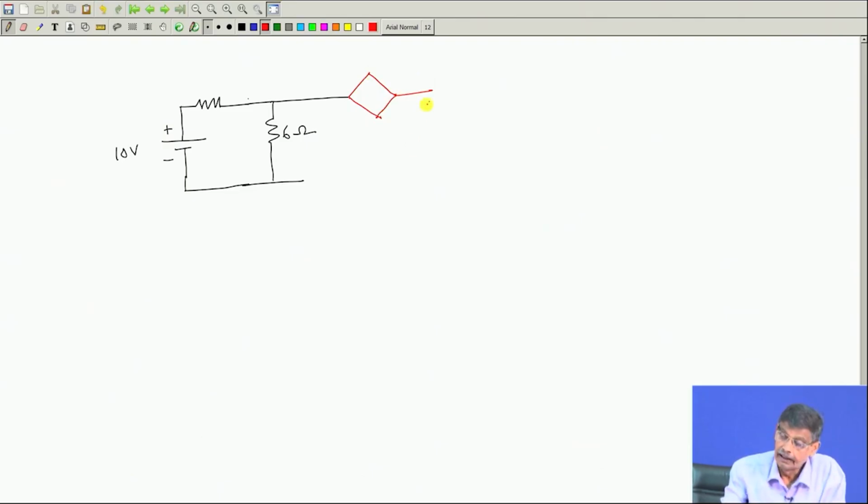And then you have a resistance connected here, say 2 ohm. So, 2 ohm, 6 ohm, and this is 4 ohm given, and it is given to be a voltage source. So, this is a dependent source, this one. Who tells me that? This symbol, dependent source.